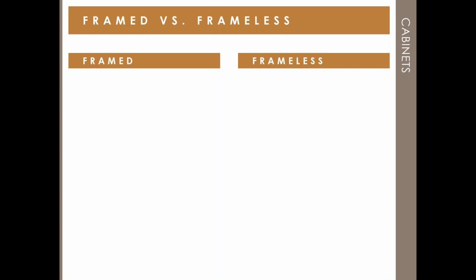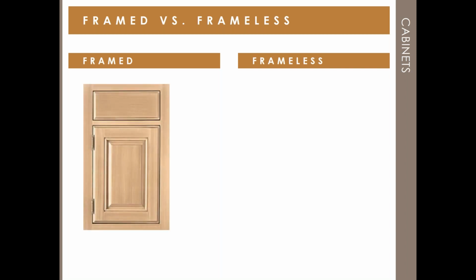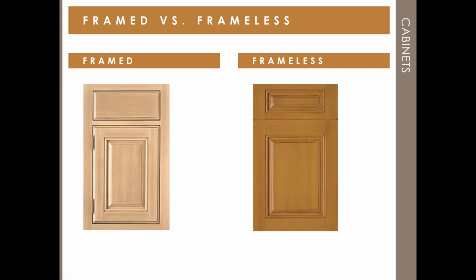So when we look at frame cabinetry, you can see it right there, and I'll jump to the frameless. Okay, so here's the difference. The difference is the frame has a frame. It's that simple. And you notice that frame cabinet has hinges on it. And what's interesting is that I've gone the last 10 years, and not one person in 10 years wanted to put an exposed hinge on a cabinet.